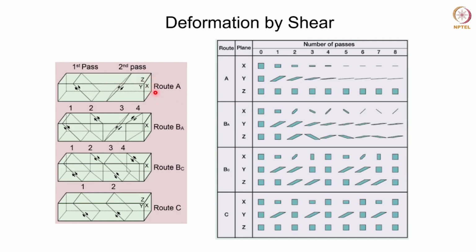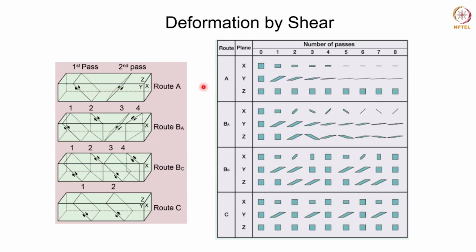Okay, so in case of route A, we know by now that there is no rotation at all. It is just simply inserting the billet into the die and then subjecting it to deformation through a number of passes. So this is how it is in the beginning. No deformation in the beginning, and then in the first pass, let's say you are inserting in this manner, as it is shown here.